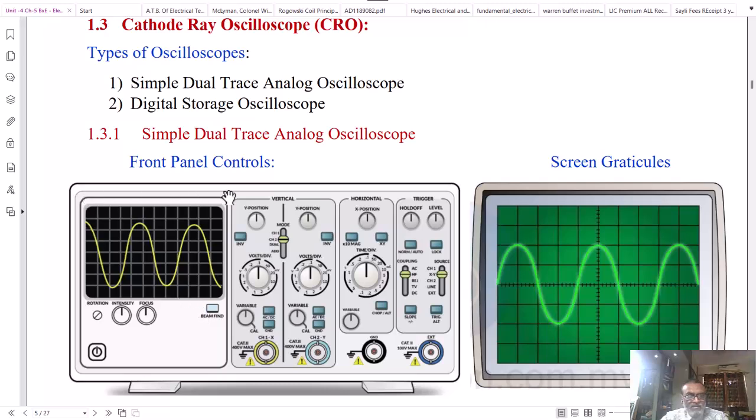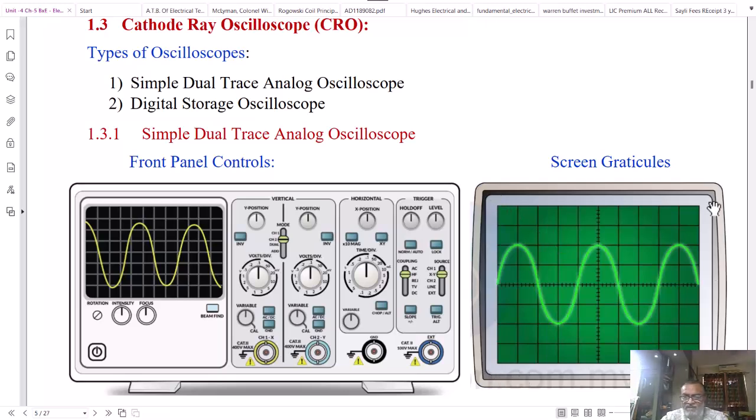Here, the display screen area consists of graticules. Graticules are nothing but graphical lines, similar to your XY graph. It is shown here in the second figure. X and Y axis are marked with major lines and minor lines.